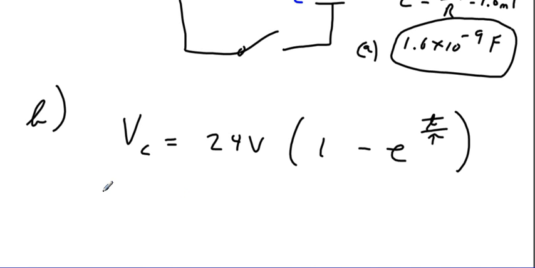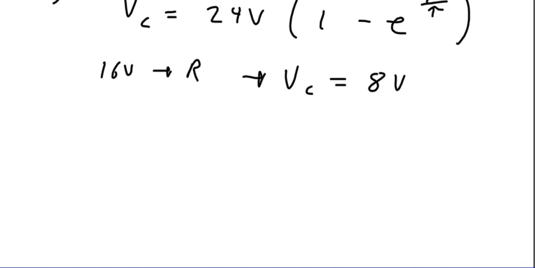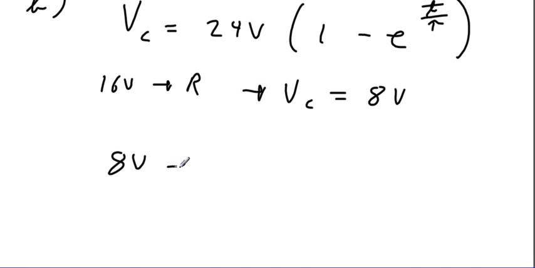Okay, so if I have 16 volts across the resistor, that implies the voltage across the capacitor has to be 8 volts. Alright, so 8 volts is equal to 24 times 1 minus E to the T divided by tau.